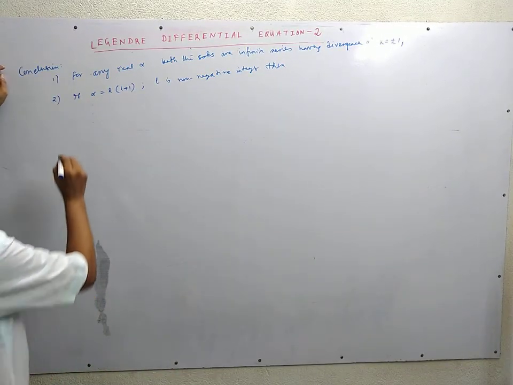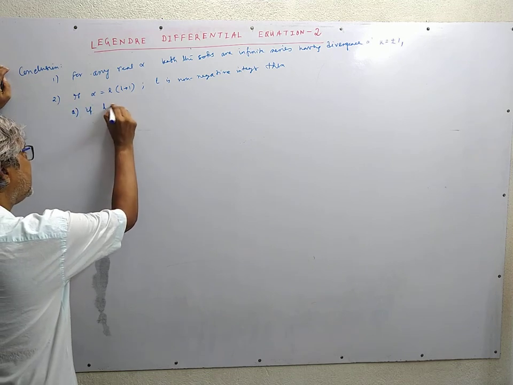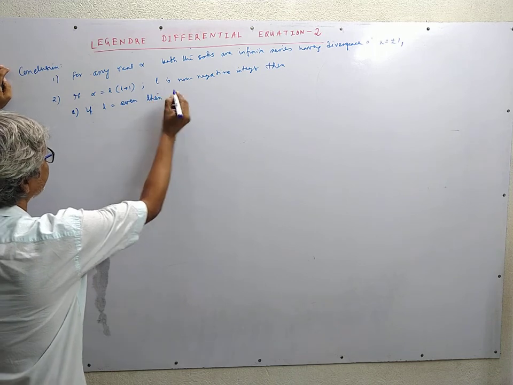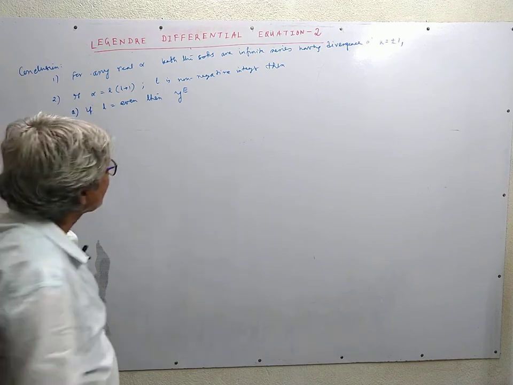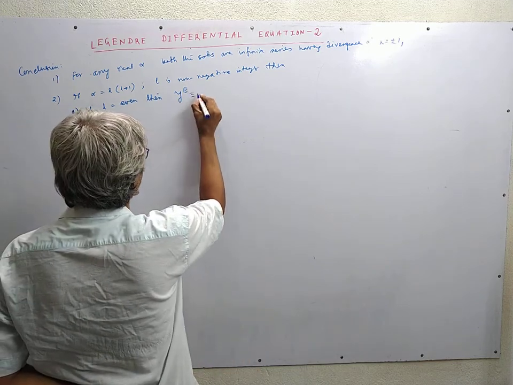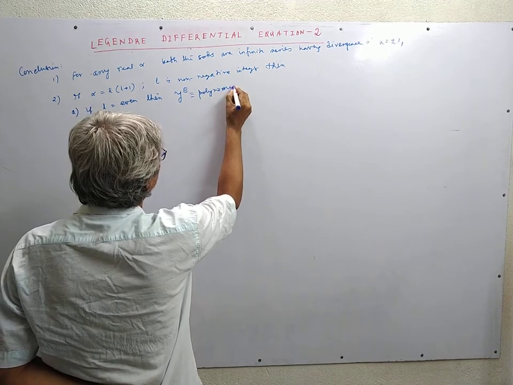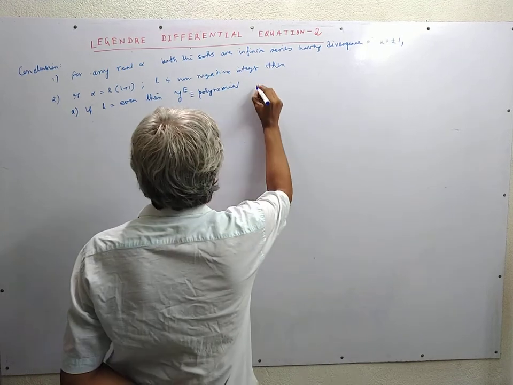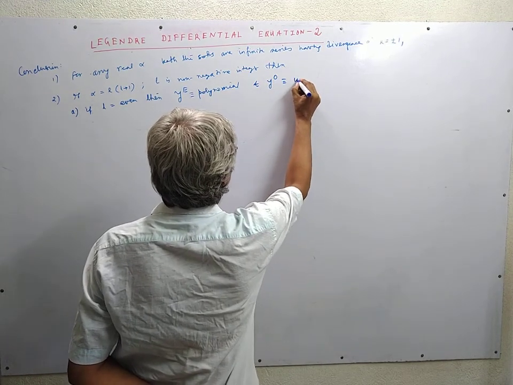One is, if L is even, then y even is a polynomial of order n, and y odd is an infinite series.